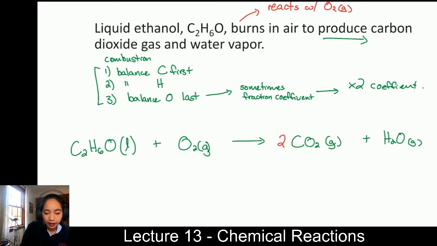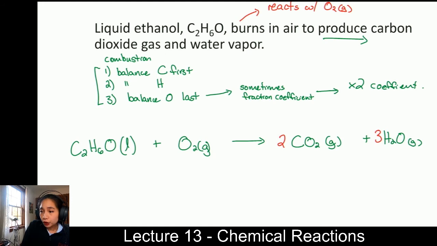So to get 6 hydrogens total on the product side, we need to put a 3 in front of water. With 3 water molecules, and 2 hydrogens per water molecule, this is a total of 6 hydrogens.